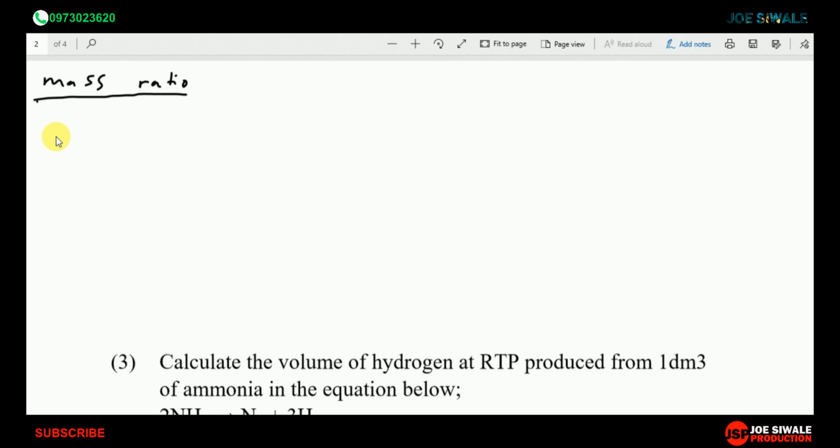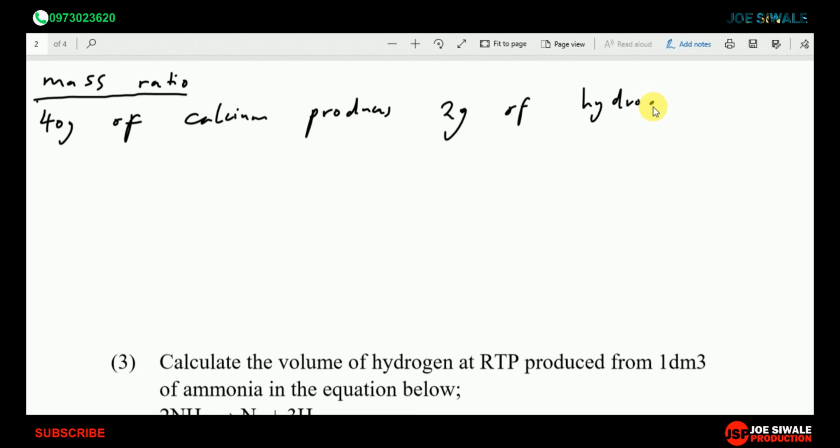So we'll say 40 grams of calcium produces 2 grams of hydrogen gas. And how are we finding this number of masses of calcium and hydrogen gas?